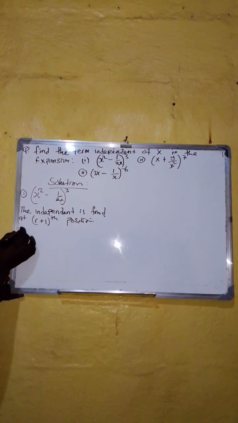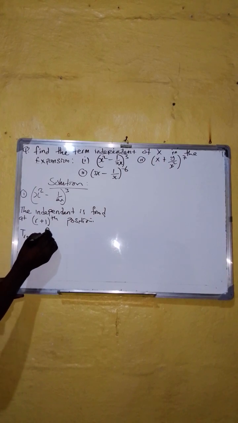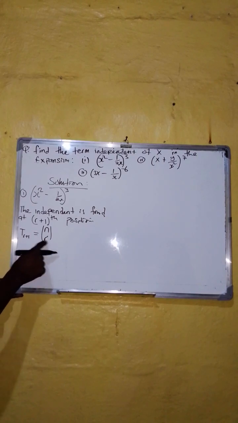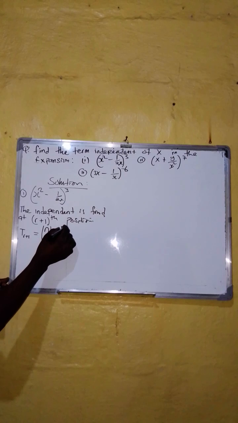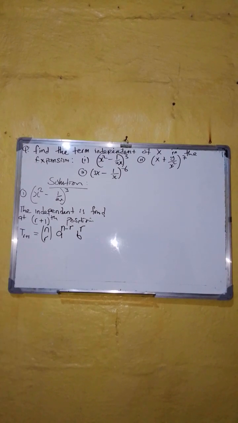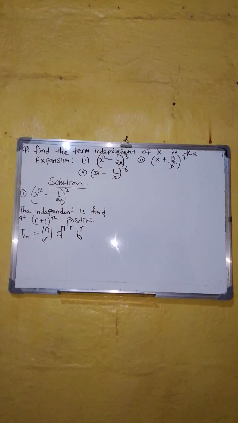So implying that T(r+1) should be equal to n combination r, because r plus 1 going into the combination decreases by 1, times a to the power n minus r, b to the power r. This is the formula which we have. So from there, we just have to find the value of r, which is going to give us the independent term.